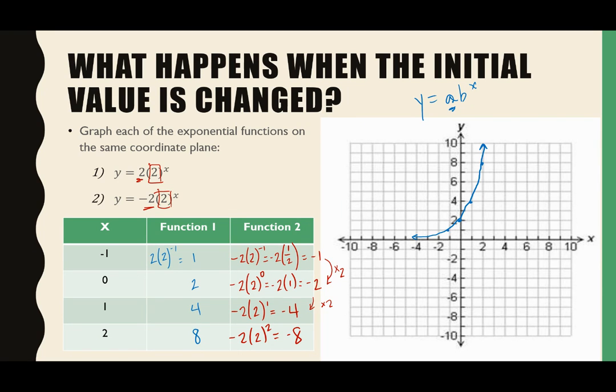So -1, -1, 0, -2, 1, -4, 2, -8. So what's going to happen is your graph is going to flip upside down because of that new a value being negative. Okay.